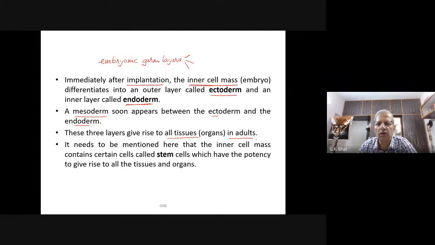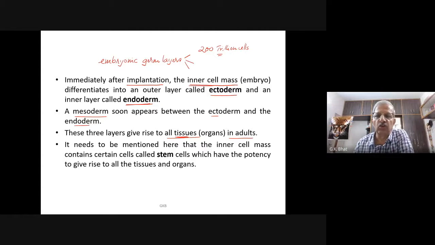You must know that in the human adult, there are nearly 200 trillion cells. After 200, you have to write 12 zeros. And all these cells ultimately give rise to tissues.